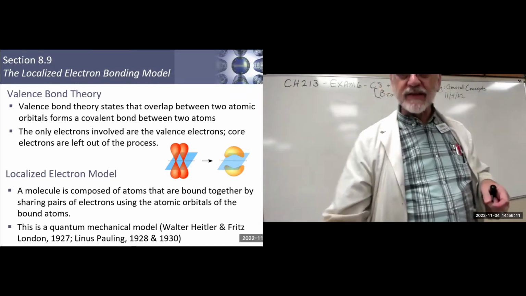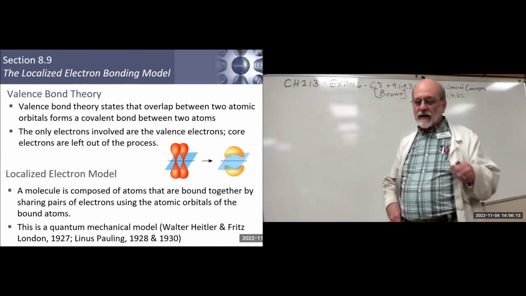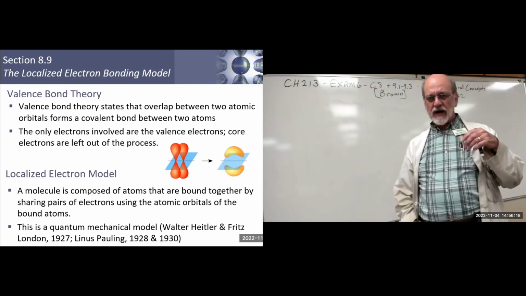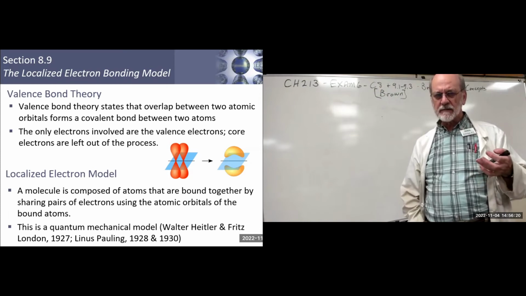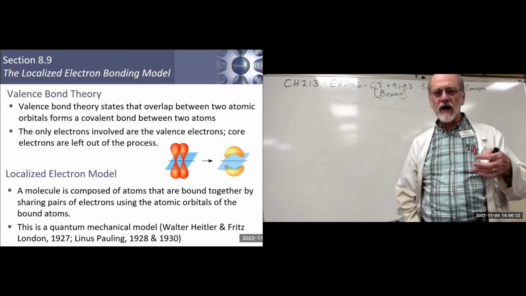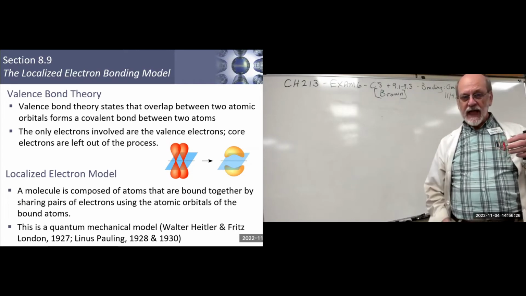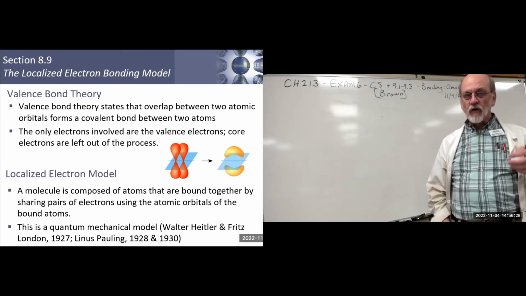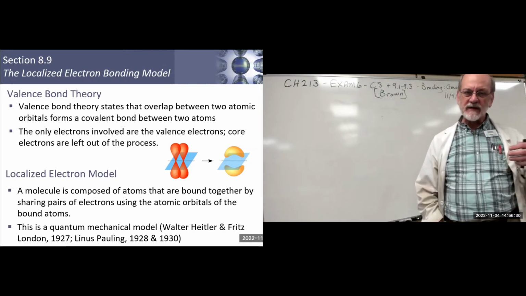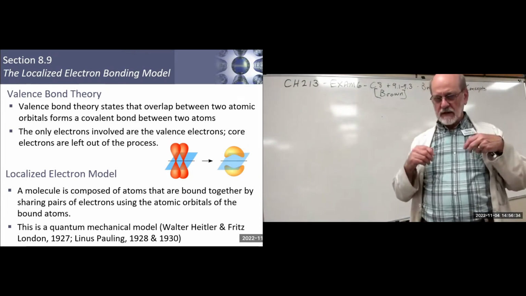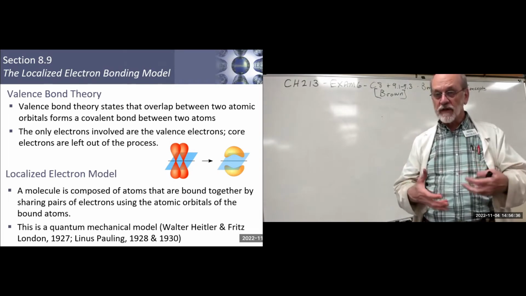So the localized electron model then says, all right, if we're going to form a covalent bond by sharing these valence electrons, and the orbitals overlap, then we need to say something about what the electrons are doing. Where are they found?